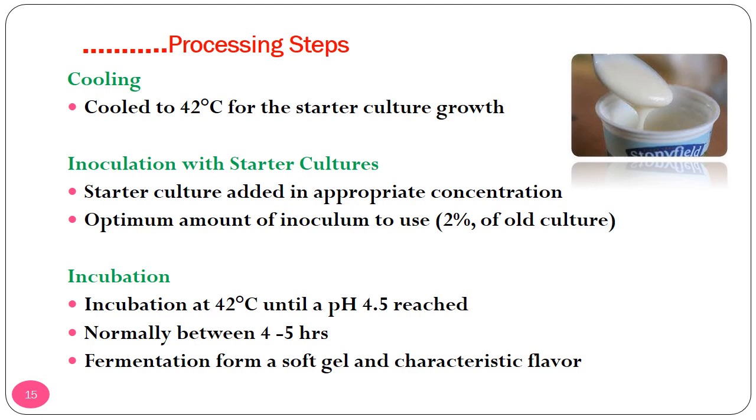And the period of incubation is about 4 to 5 hours. The temperature is around 42 degrees Celsius, and in 4 to 5 hours it may have an acidity to give pH 4.5. So fermentation forms a soft gel and characteristic flavor.